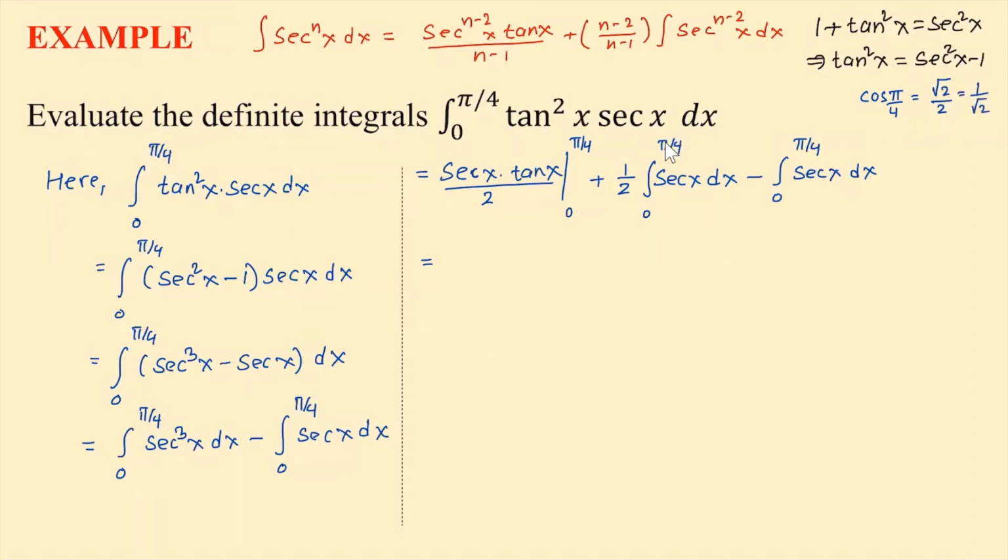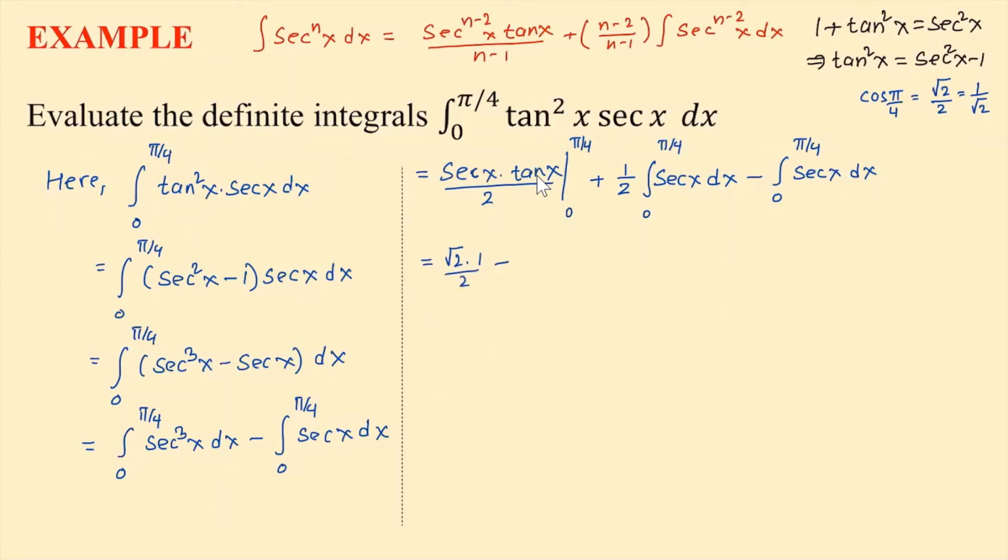Here I'm looking for secant pi over 4. Secant is the reciprocal of cosine, so the reciprocal of 1 over square root of 2 will be square root of 2. Multiply by tangent pi over 4, which is 1. Then we have divided by 2.